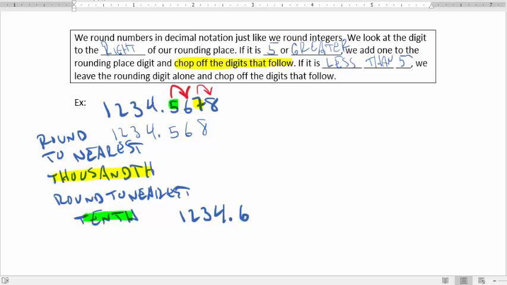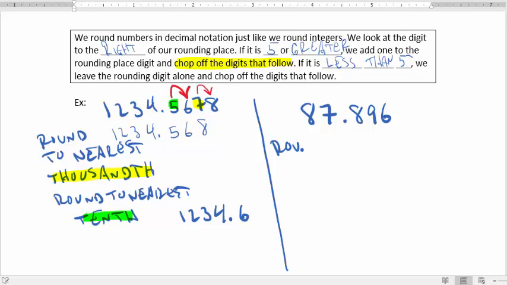All right. There is one tricky case that comes up sometimes when you're rounding with decimals. Like let's say, give a simple example, 87.896, right? And I wanted to round this to the nearest hundredth. Well, the hundredths place is that 9, right? The tenths is the first one, the hundredth is the second one.